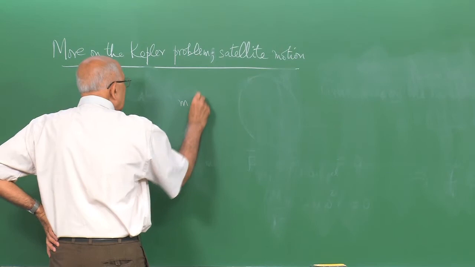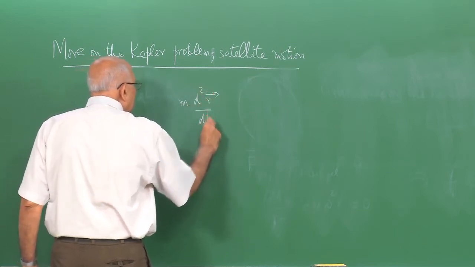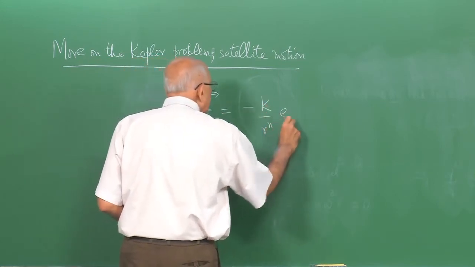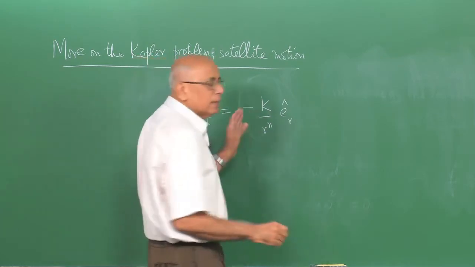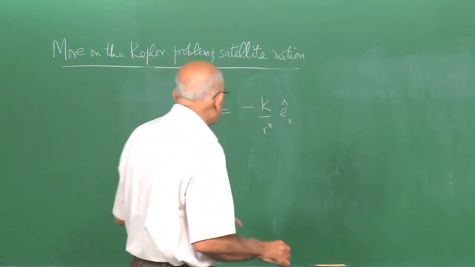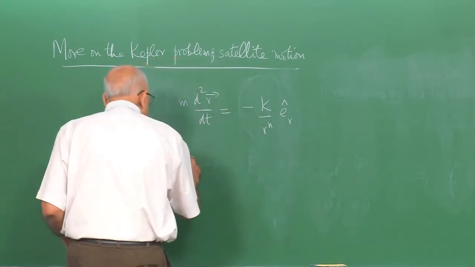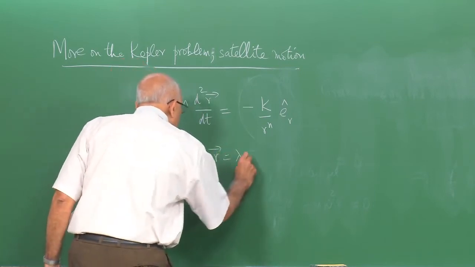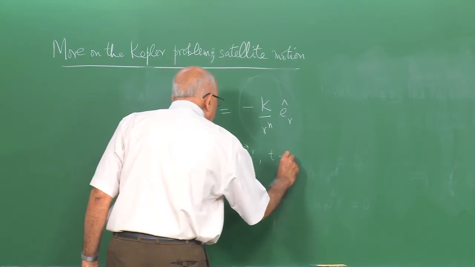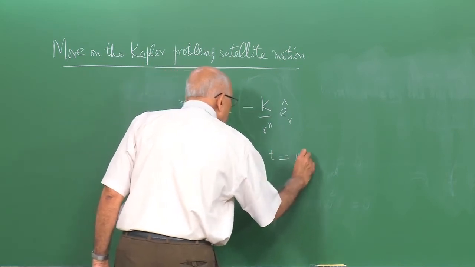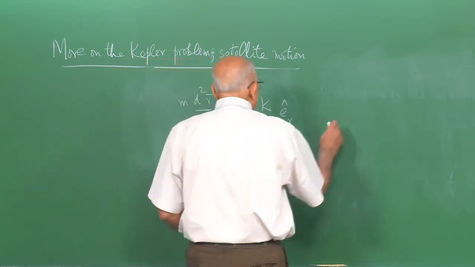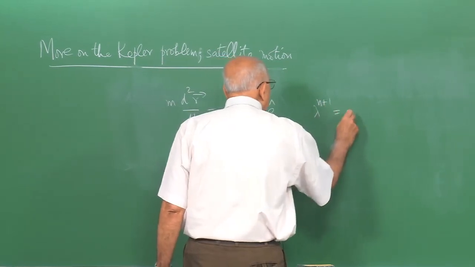We saw that if you have a central force, an attractive central force say, of the form minus k over r to the power n E sub r, where n is some index, some number, then this will imply that if you change the length scale by a factor lambda, so I put r equal to lambda r prime, and the time scale by some factor mu, t equal to mu t prime, then the physics of the situation is unchanged if lambda to the power n plus 1 is equal to mu squared.